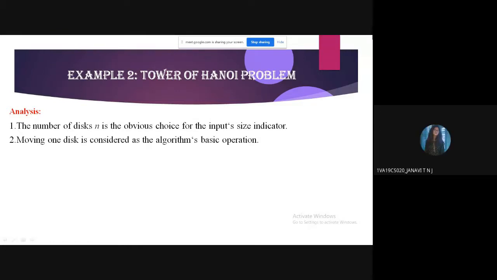It doesn't change. Whatever shape of the disk you keep, that is your type of input here. Whether it is oval, circle, whatever it is, for 3 disks, movements are 7. But when the disk number changes, suppose I give 4 disks, then movements will increase. Suppose I give 100 disks, movements will increase. Isn't it so?